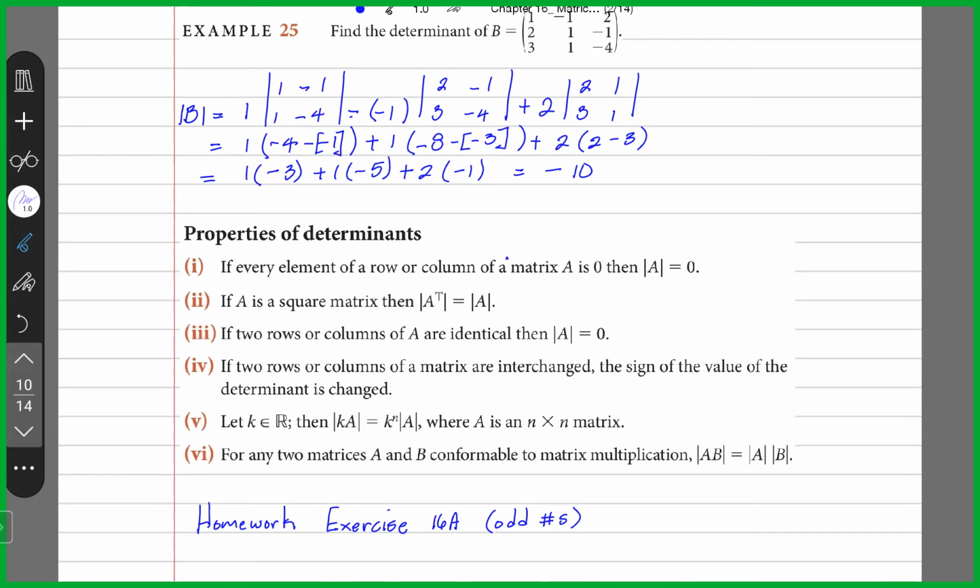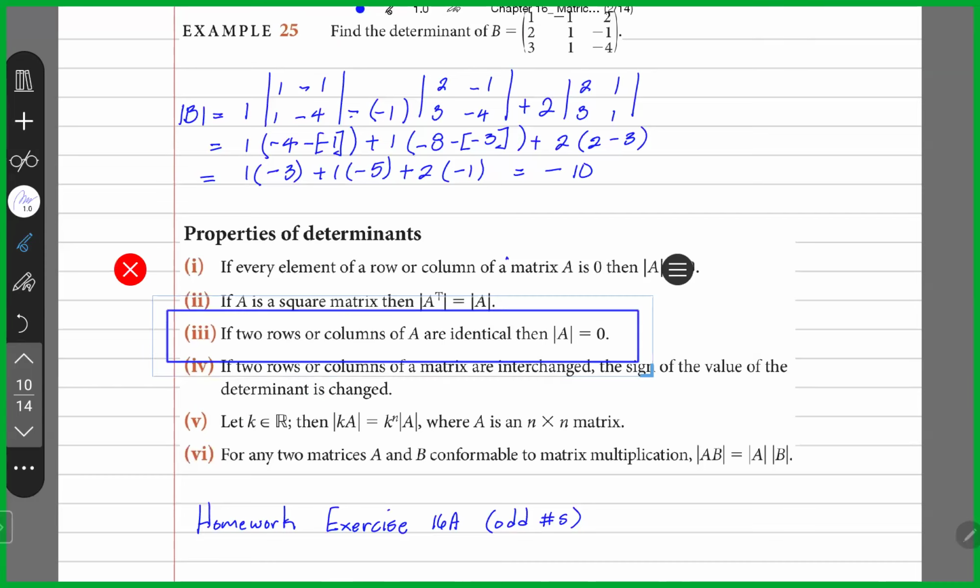Let's say it again. If A is a square matrix, then the determinant of A transpose is going to be equal to the determinant of A. If two rows or two columns of A are identical, then the determinant of A is going to be 0. So this one is important. I'm sure this is going to come back, so we want to ensure that we remember it.